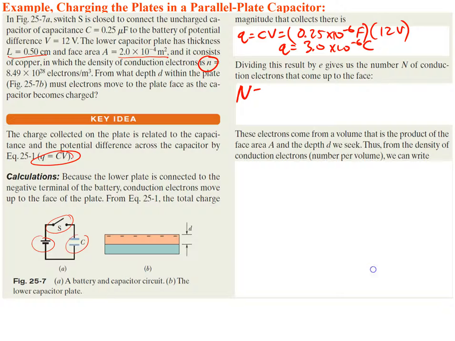So this is just going to be the charge divided by e. We have 3.0 times 10 to the negative 6 coulombs divided by e, which is 1.602 times 10 to the negative 19 coulombs.